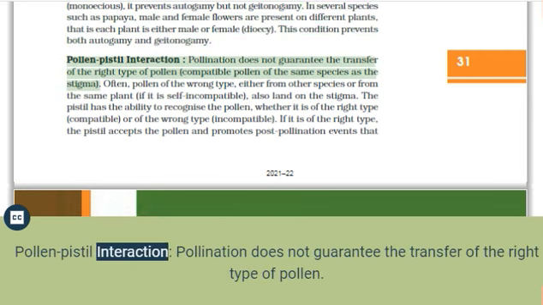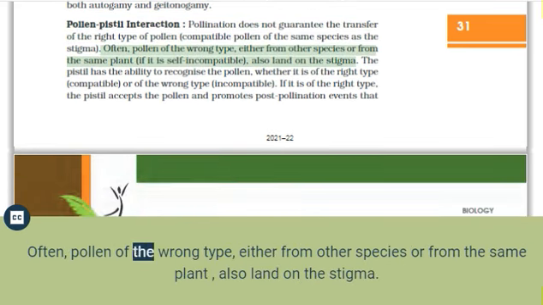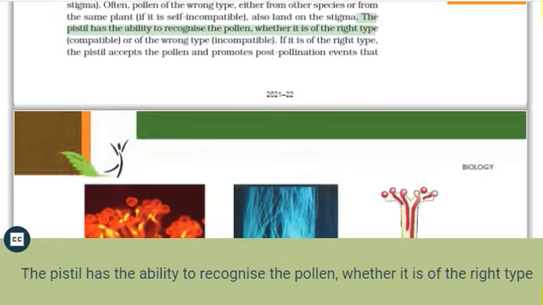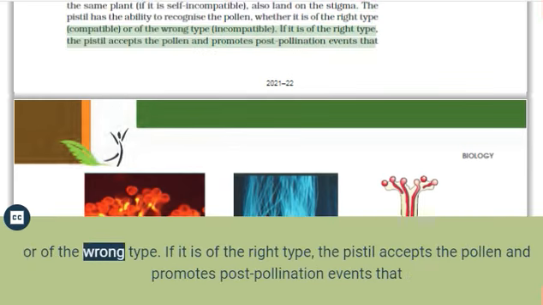Pollen-pistil interaction. Pollination does not guarantee the transfer of the right type of pollen. Often, pollen of the wrong type, either from other species or from the same plant, also land on the stigma. The pistil has the ability to recognize the pollen, whether it is of the right type or of the wrong type.